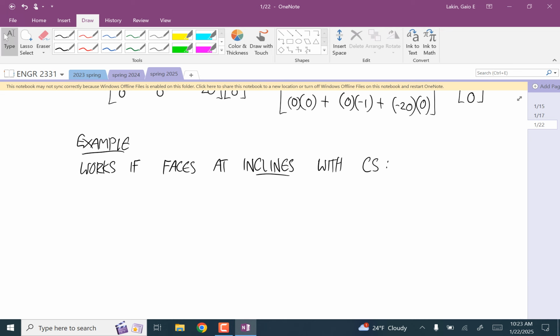So let's say that we have a face. So here's our X and Y axes. And let's say we want to know what the traction would be for that stress tensor on this face, where this angle is 60 degrees.